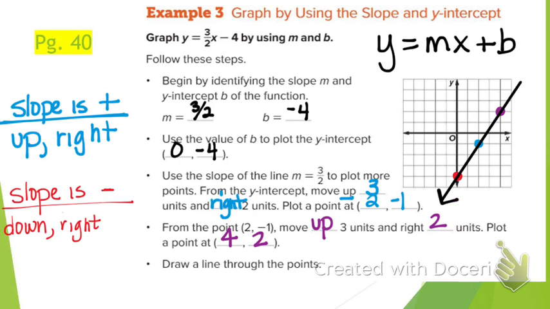It will look something like this, and that is your graph. So we just talked about 3 different ways to graph a line. You can make a table, you can find your x and y intercepts, or you can do slope-intercept form.